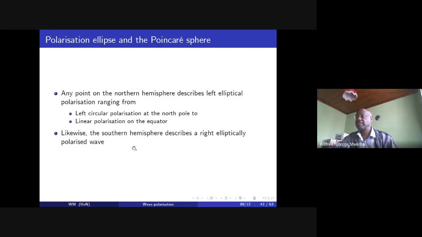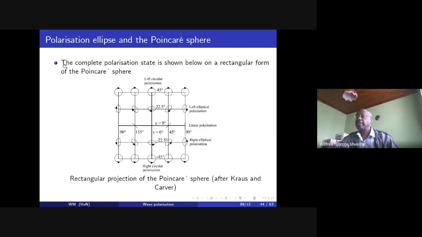Likewise, we have the southern hemisphere giving right elliptically polarized waves, and the complete Poincare sphere in a two-dimensional map is as shown there, with the polarizations given to you with tilt angles as they keep on moving up towards the equator where we have linear polarization. So this is how you would represent that.